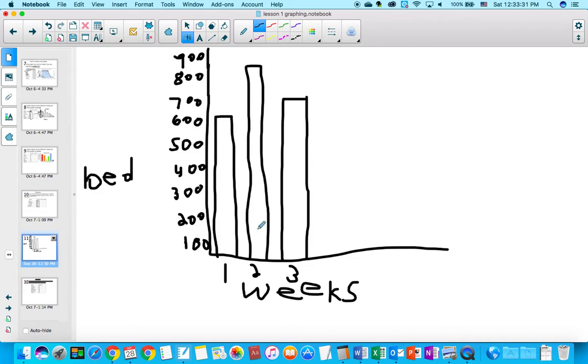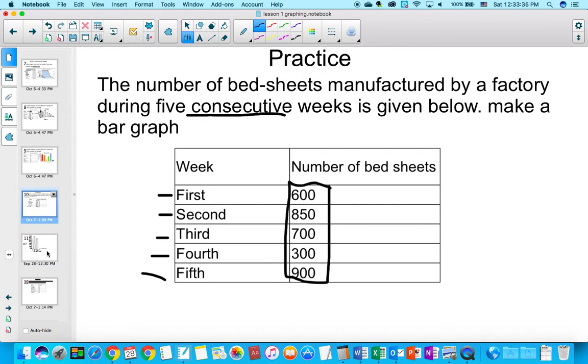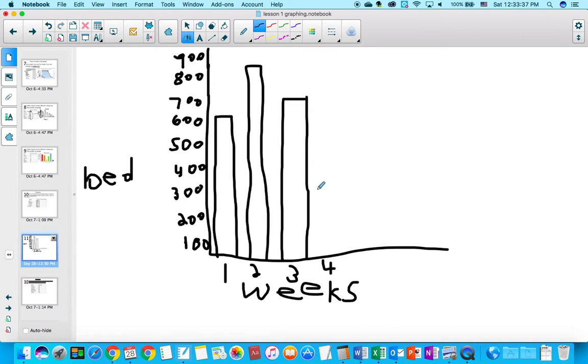And then we have fourth week, we have 300. And then fifth week, we have 900. So just make some space. Here we go. And there you go, right?